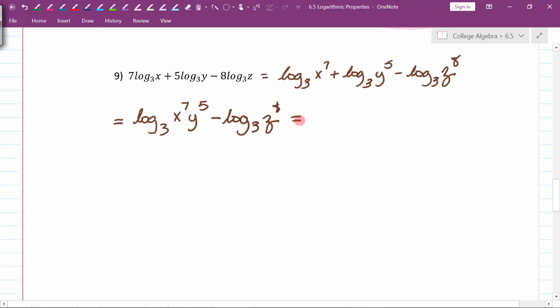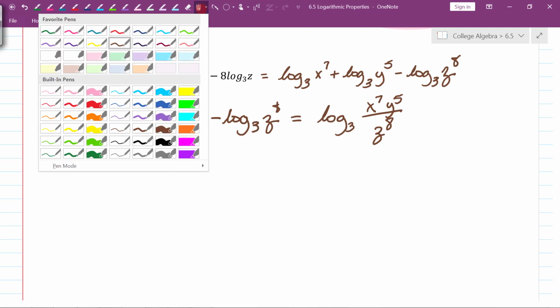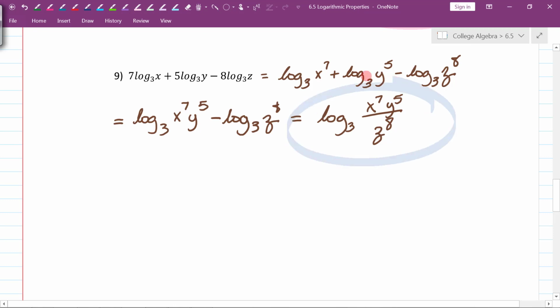Now I'm going to combine these through division. So now I have log base 3 of x to the 7th y to the 5th divided by z to the 8th. And this is our answer right here.